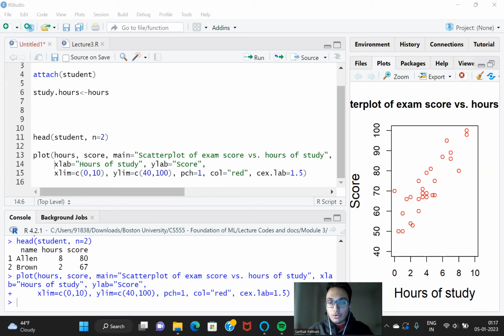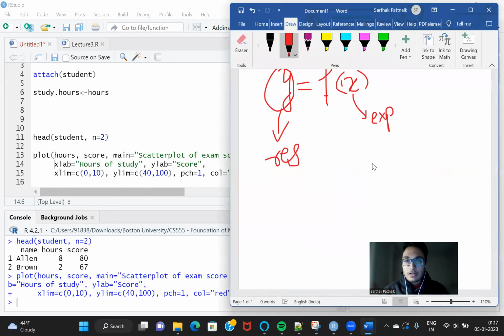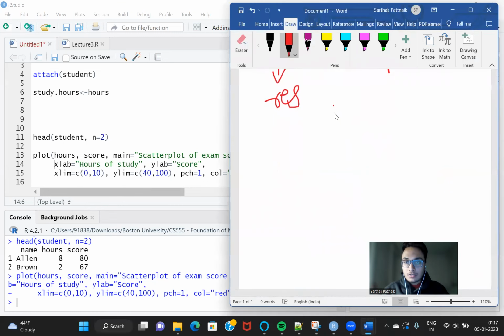Also, it is very important to note that when we are plotting a scatter plot, the explanatory variable is always taken on the x-axis and the response variable is taken on the y-axis. And this is how we plot our scatter plot. This is a basic example of a scatter plot.